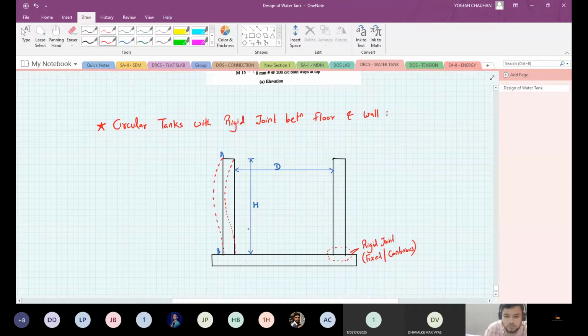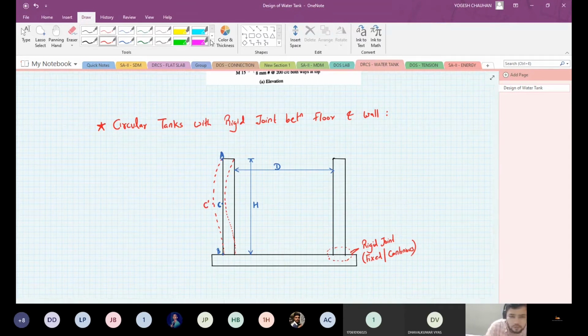So this will be the deflected shape, and this point is A, and this point is B, and at this point the deflected one is C dash.